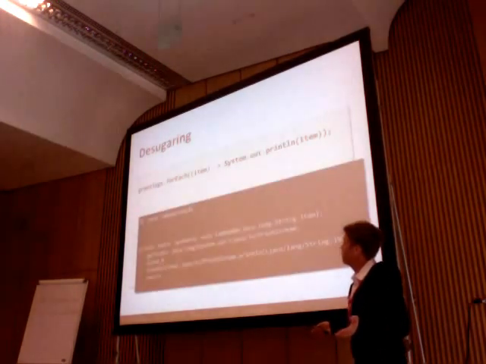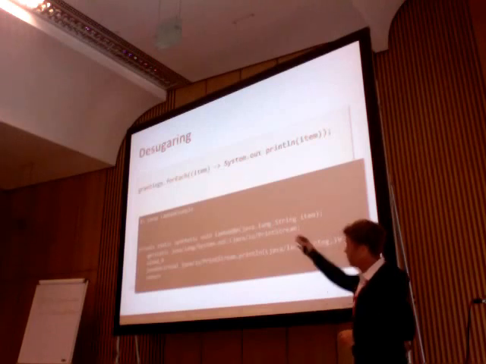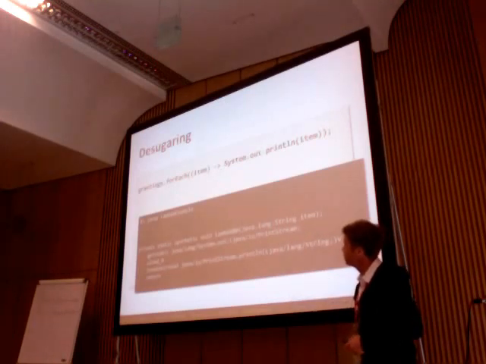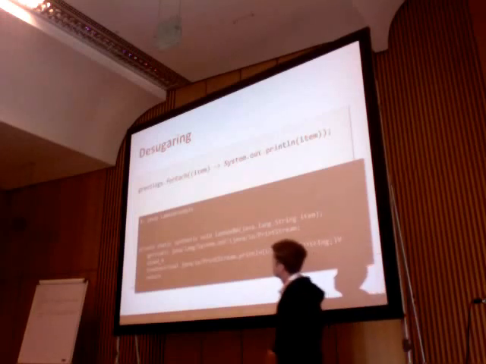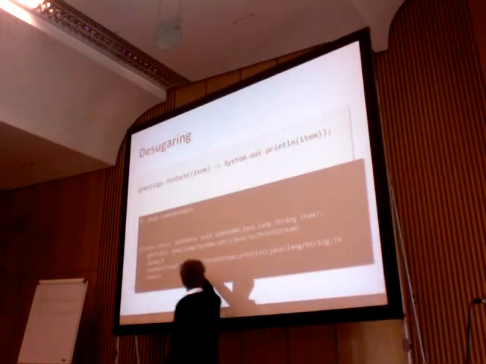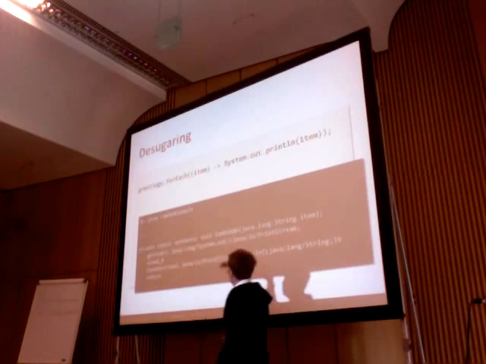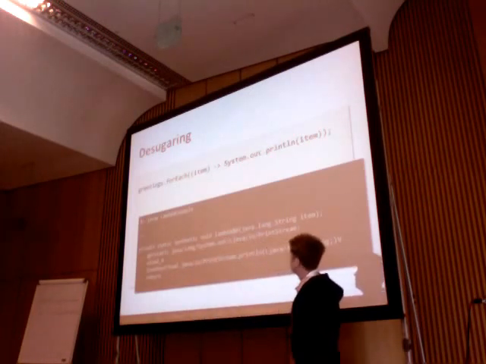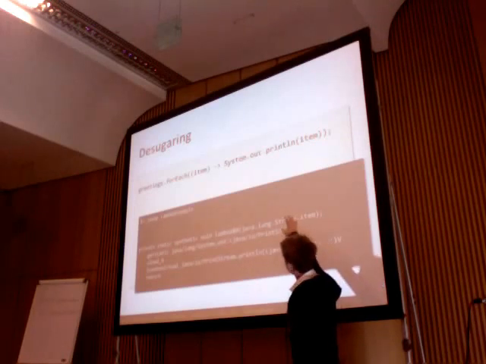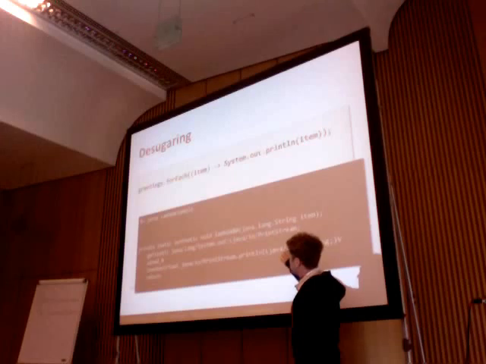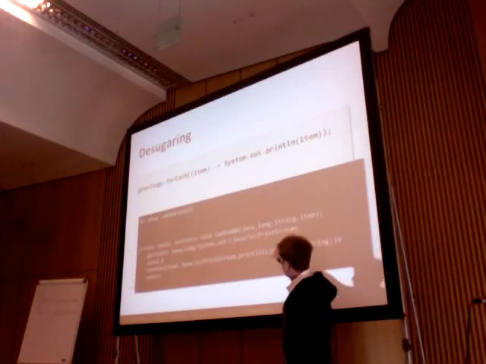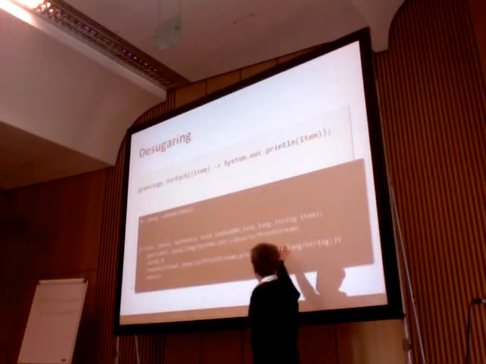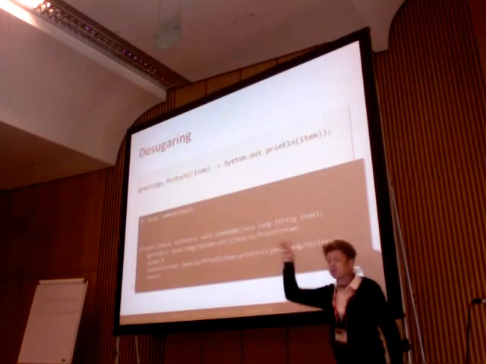So if we decompile the class which contains this Lambda, we will find new synthetic methods, typically static methods, and they have the name lambda$0, 1, 2, 3, just enumerated. And they actually have exactly the signature we expect here: it takes a String item. And they do what we expect. They get the System.out stream and invoke println on it. This is where the code actually goes.